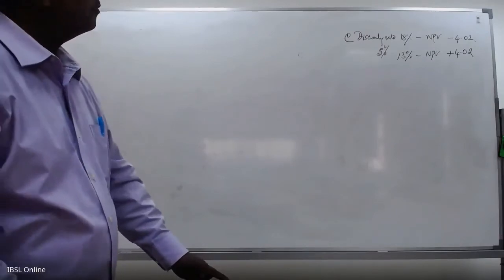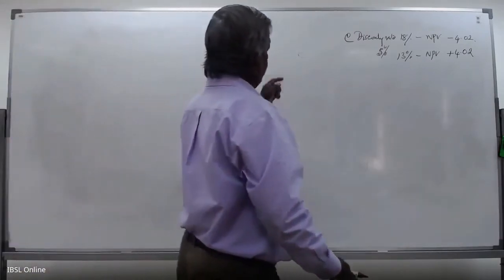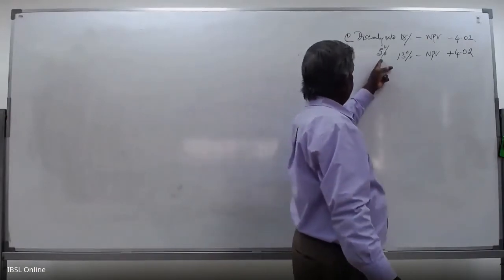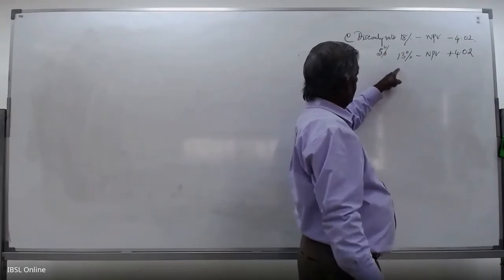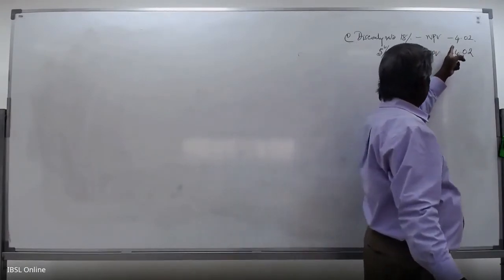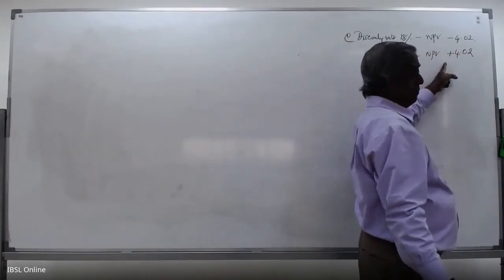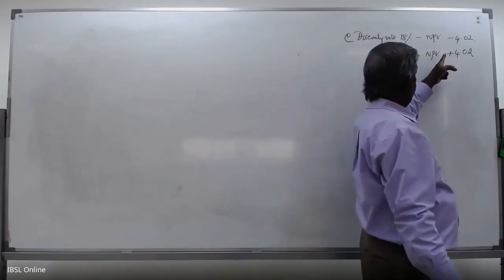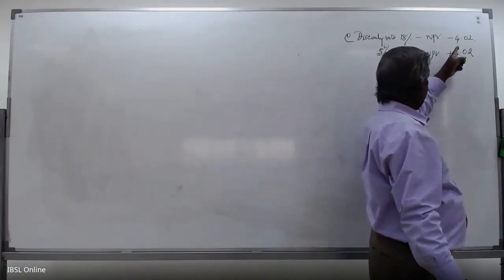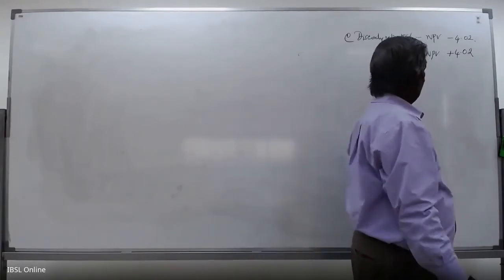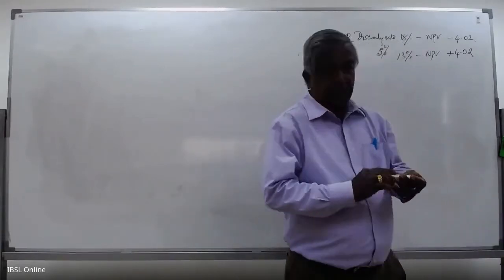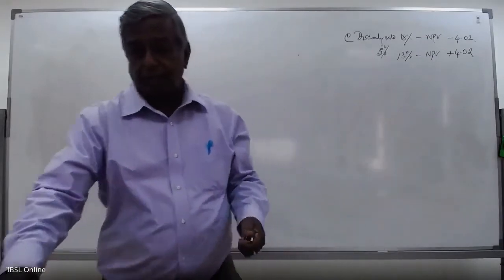So when the discounting rate changes from 18% to 13%, the NPV shifts from negative 4.02 to positive 4.02. In between, at a certain point, what is happening?